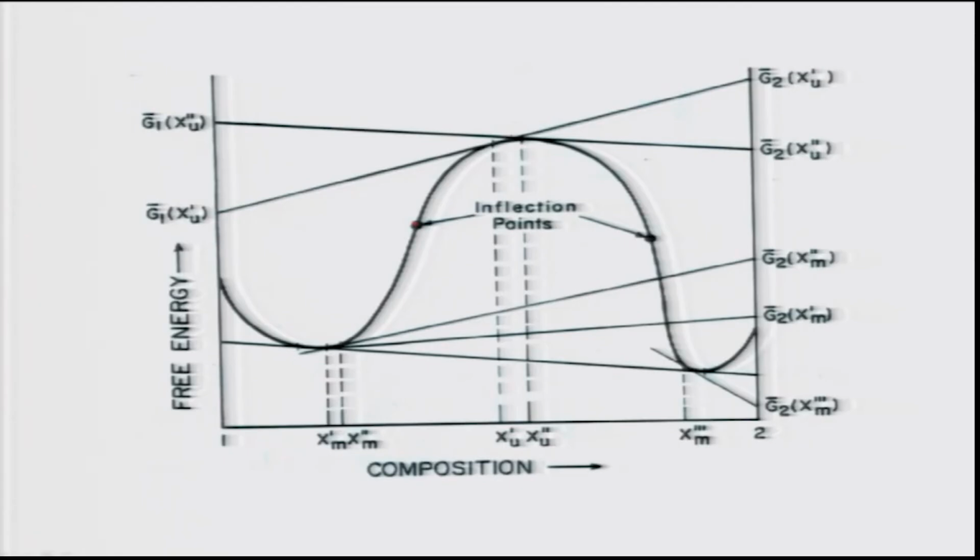Let us suppose I draw a tangent to the curve for the x0 composition. What will happen if I extend the tangent? It will give the chemical potential, that you know. So chemical potential means the G1 bar and G2 bar for component 1 and component 2, for a composition of the alloy x0.